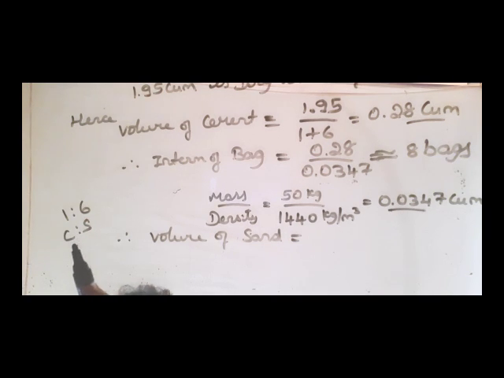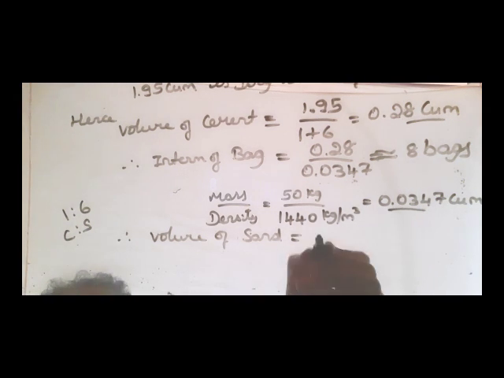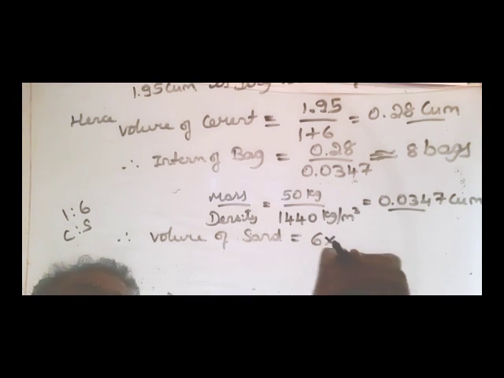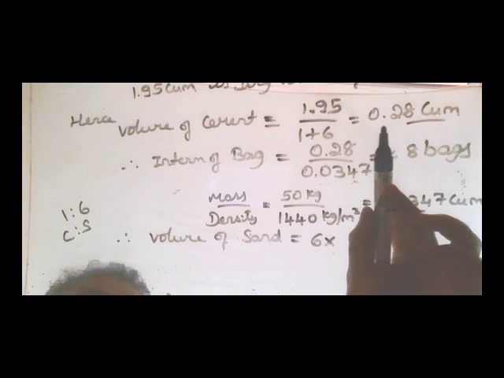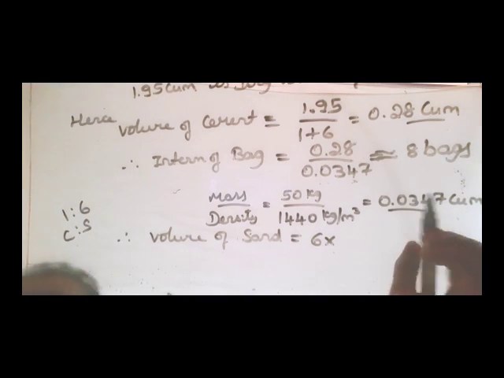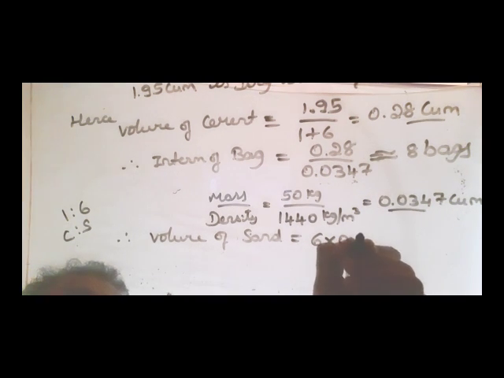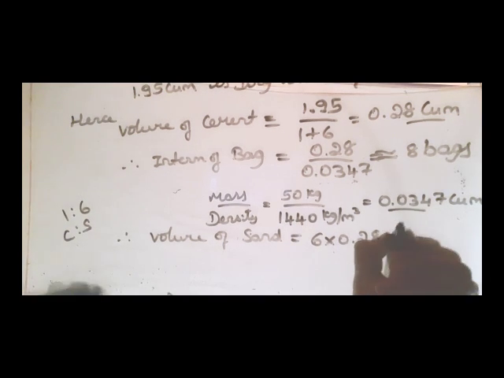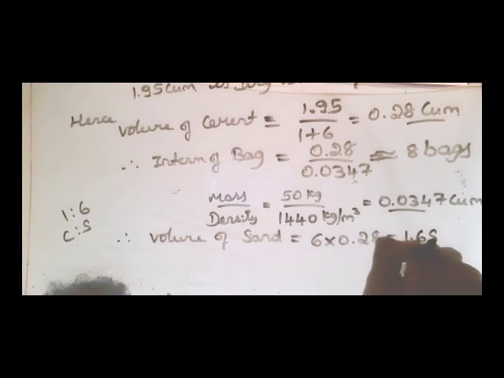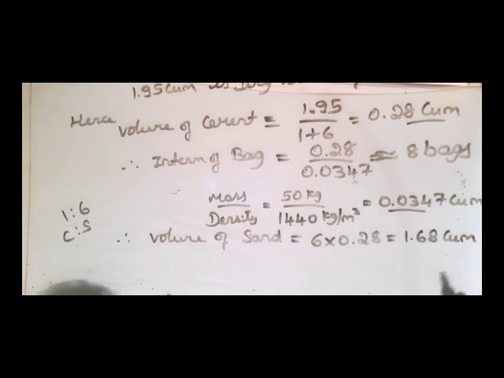If one quantity of cement is taken, you have to take 6 times of sand. So I directly multiply 6 times the cement. The quantity we got is 0.28 cubic meter, multiplied by 6 because the ratio is given directly. If I multiply, I get 1.68 cubic meter.